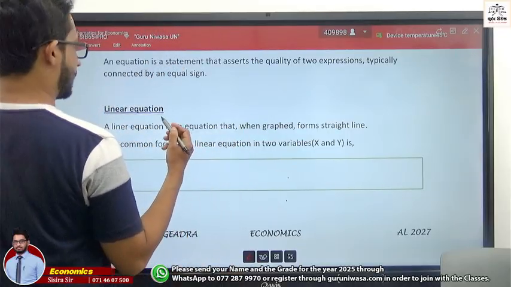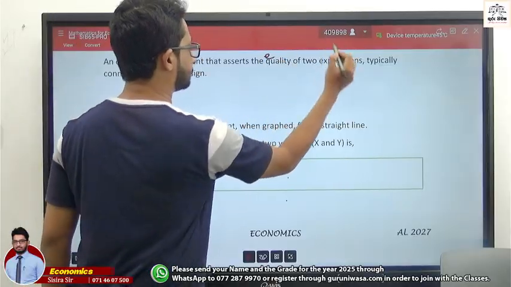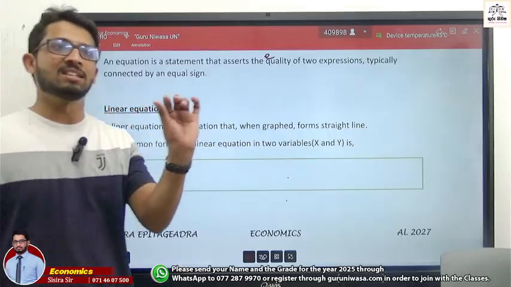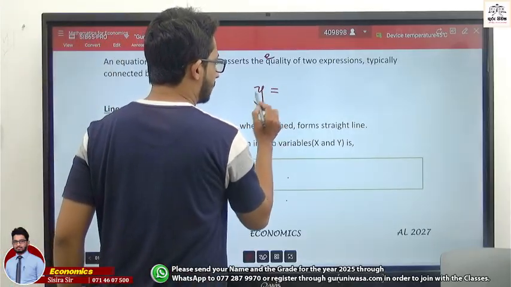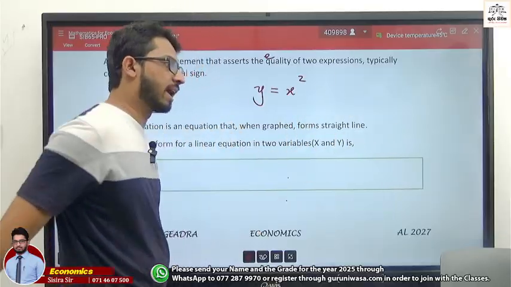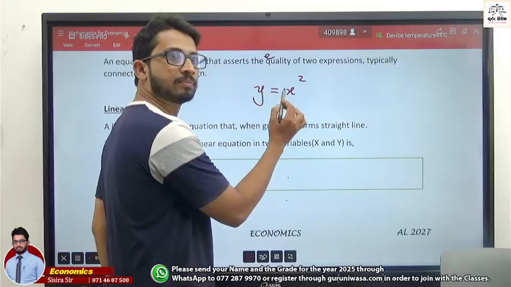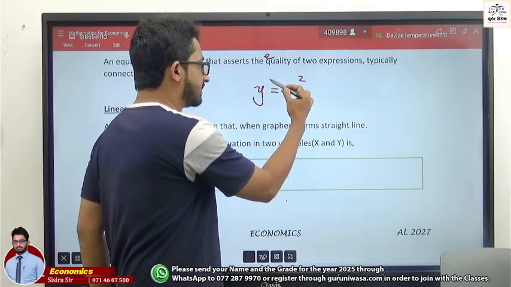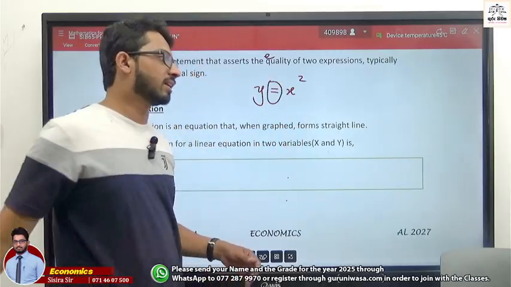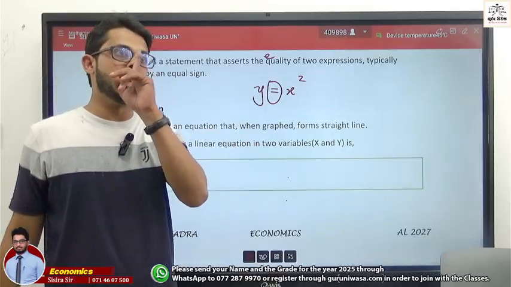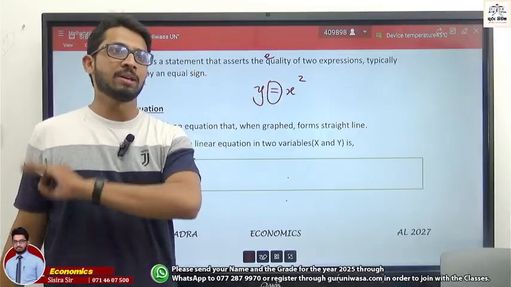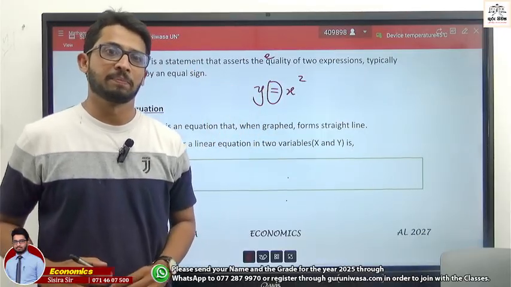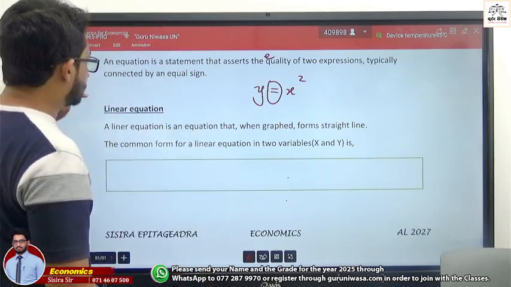If you see an equation, there should be an equal sign, like y equals x square. This is the best sign to understand an equation. If you see this equal sign, there should be an equation. Remember.